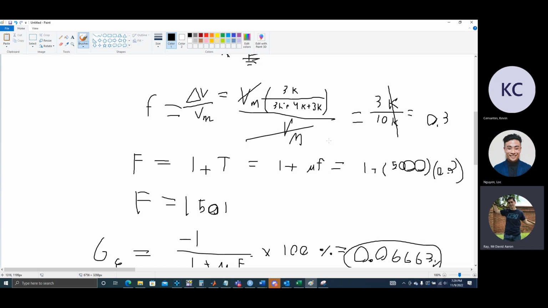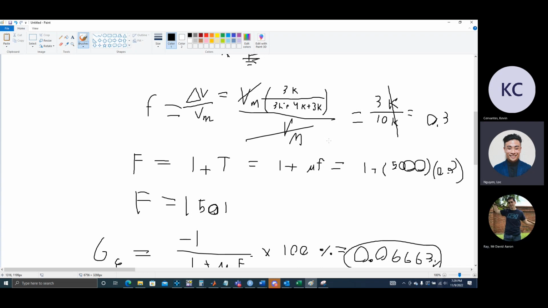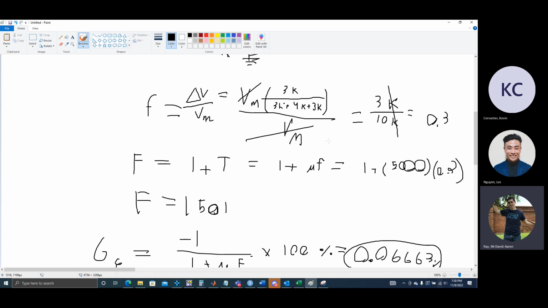There's much more about gain error and how to find those things about either your gain error or if you put in an input, what is your output going to look like? For this, a lot of the things such as open loop frequency, closed loop frequency, and then the gain error. I mean, not gain error. Sorry. Return difference.